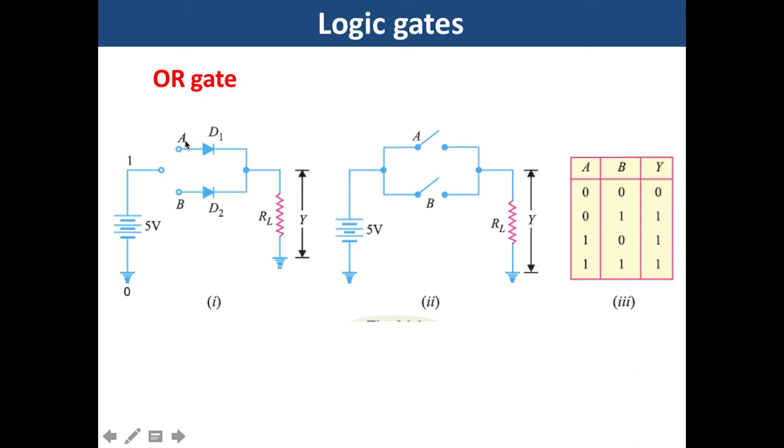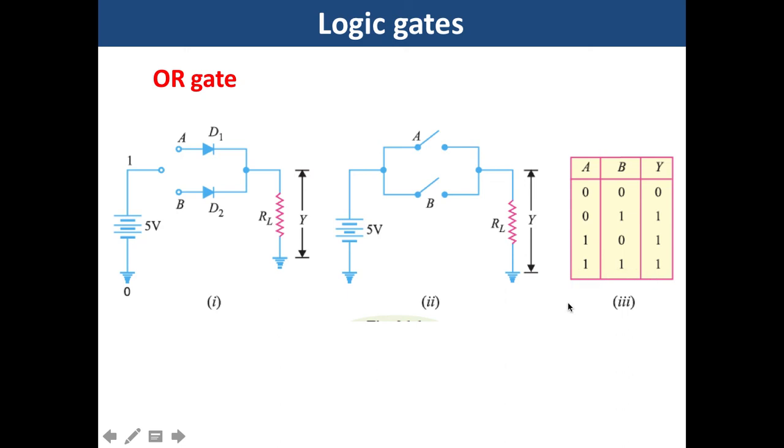If both A and B are connected to positive, then both diodes conduct current and output will be positive plus 5 volt. In terms of binary, 1 plus 1 is equal to 1.